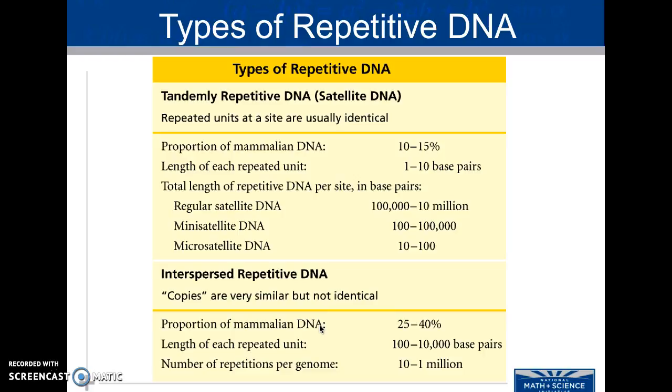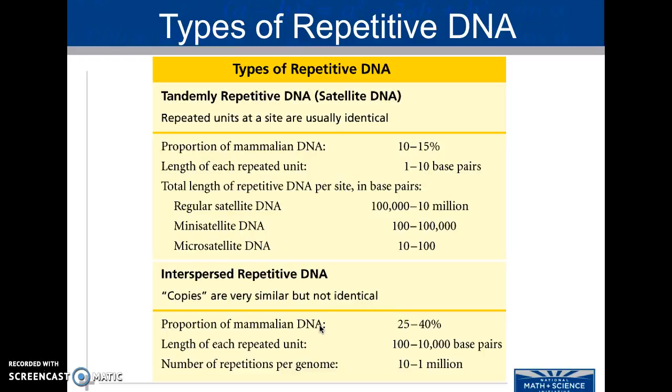Types of repetitive DNA. There's a lot of non-functional DNA, or a lot of DNA that we don't know the cause of. DNA is very repetitive, and this data looks at the amount of DNA that is tandem, so long lengths of repetitive DNA, and then interspersed repetitive DNA, so similar stuff but repetitive.